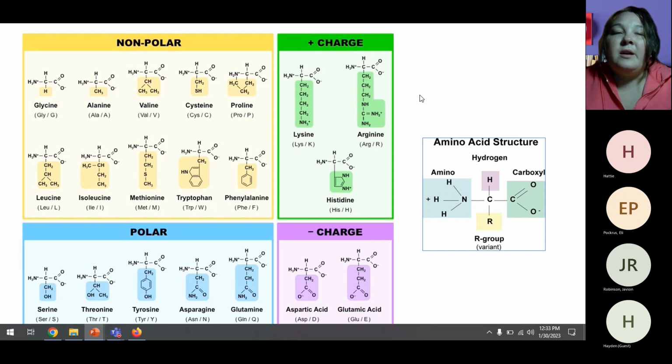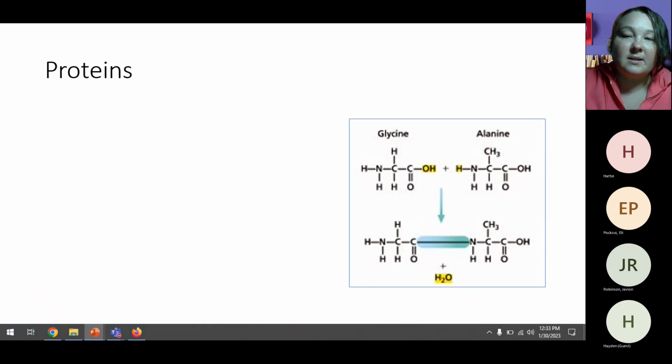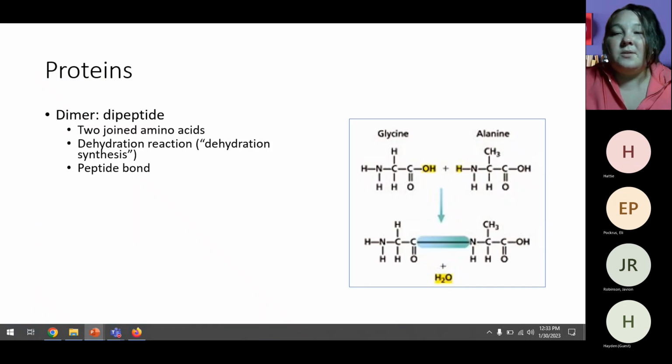Secondly, I want you to think about this like an alphabet. In the English alphabet, we have 26 letters, and depending on which ones you use and how you arrange them, you can get millions of words. And in the same way, the protein alphabet has 20 letters, and depending on how you arrange them and how many you use, you can get millions and millions of proteins. So the monomer is an amino acid.